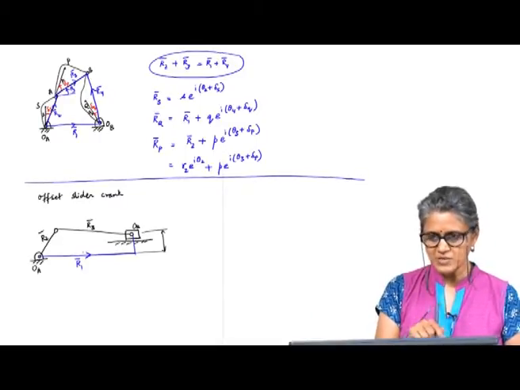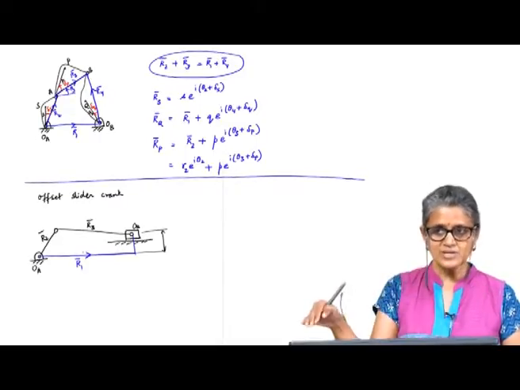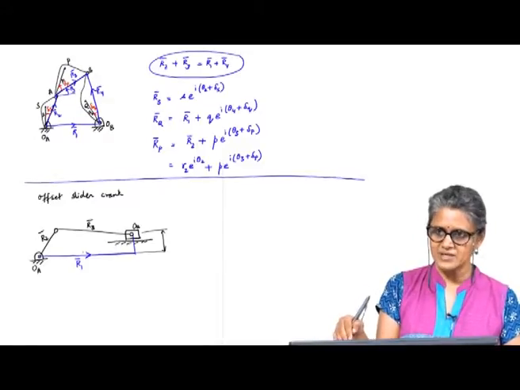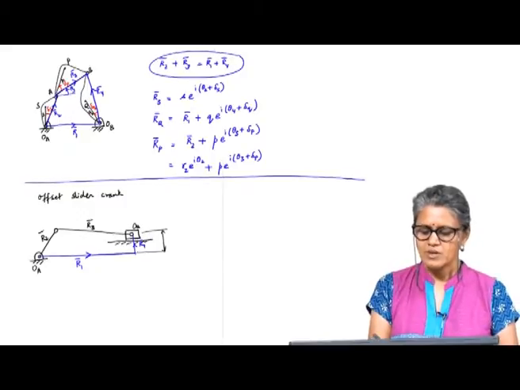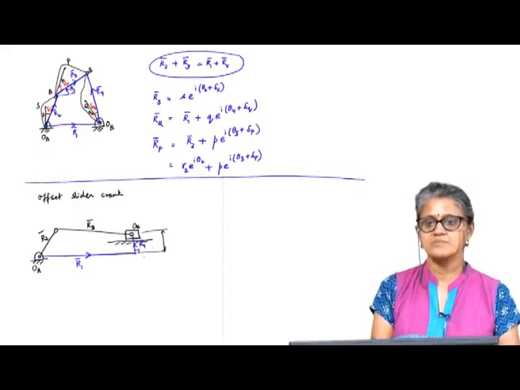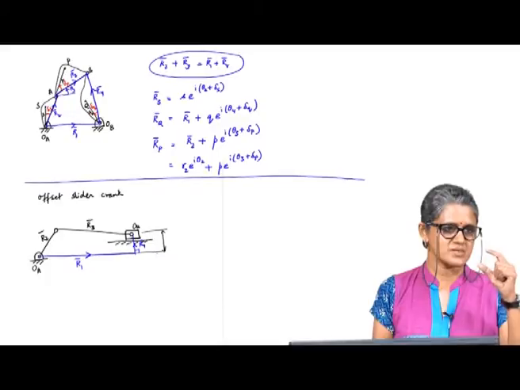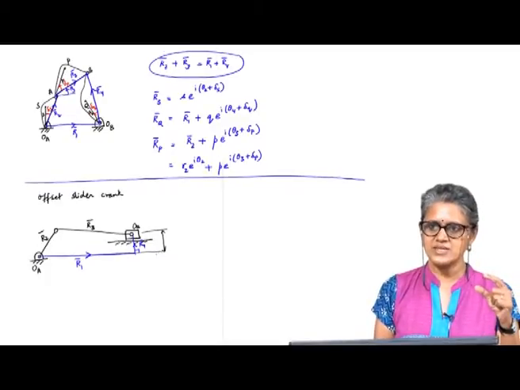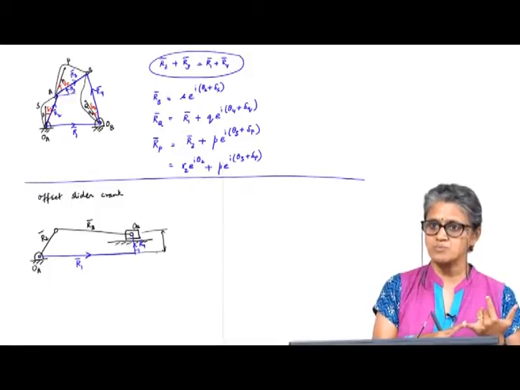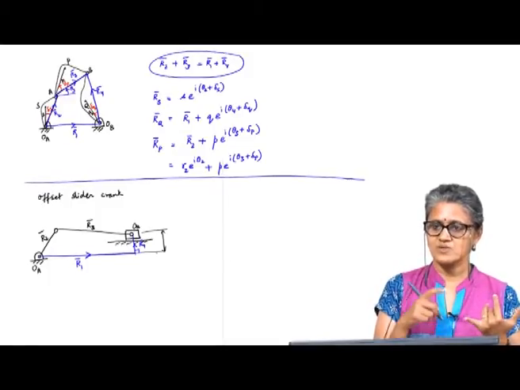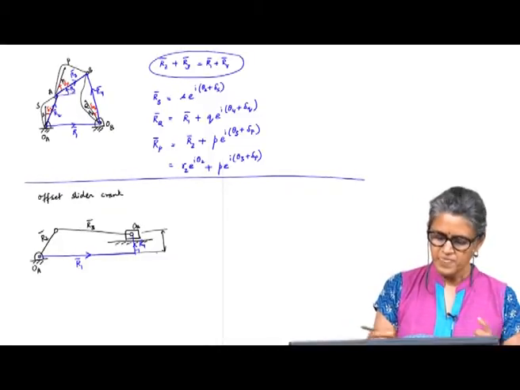So, I choose one vector parallel to the direction of motion of the slider block and another vector perpendicular to it, because if you look at this vector R4, it basically specifies the offset of the slider crank, therefore, it is not going to change as the mechanism moves. Okay, so, I am adding one more vector than necessary, but it is a constant vector.